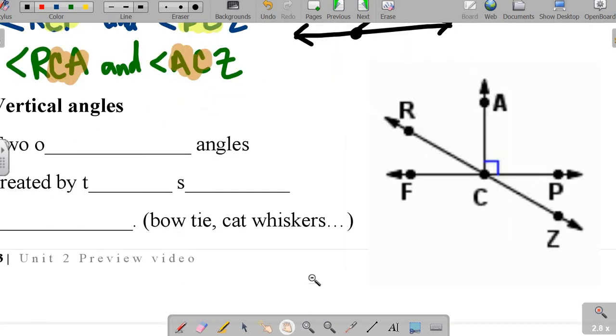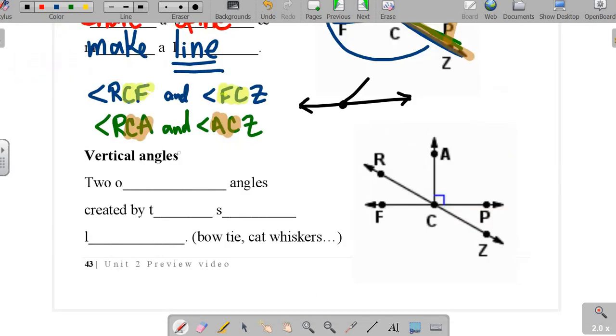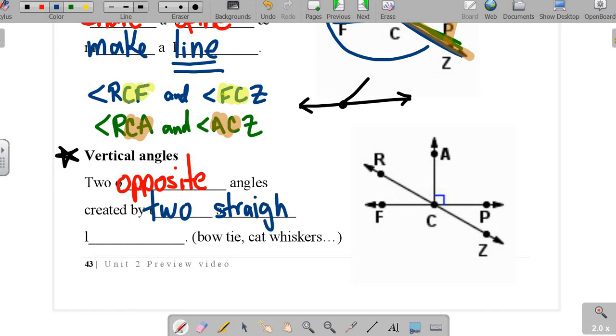Vertical angles. These are by far the most important, the most common. Gotta watch out for those. Vertical angles are opposite angles created by two straight lines.